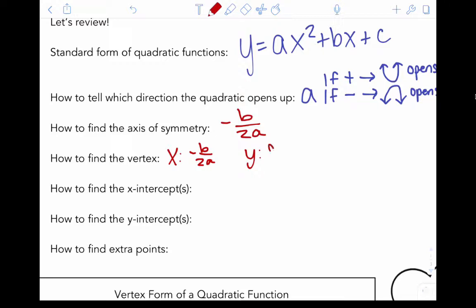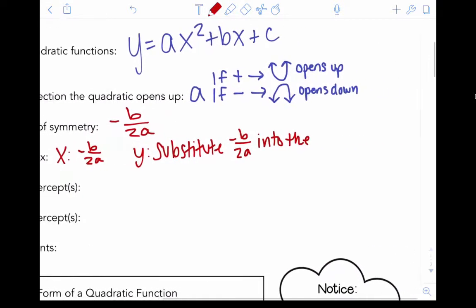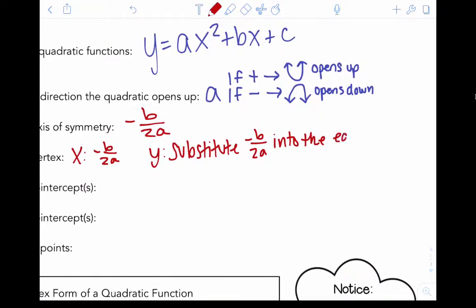So in other words, we're going to substitute negative b over 2a into the equation for x and solve for y.